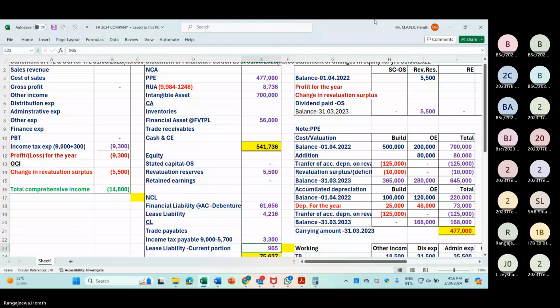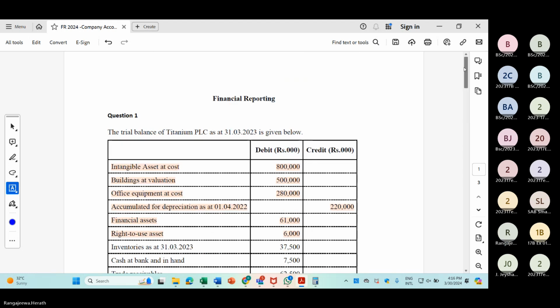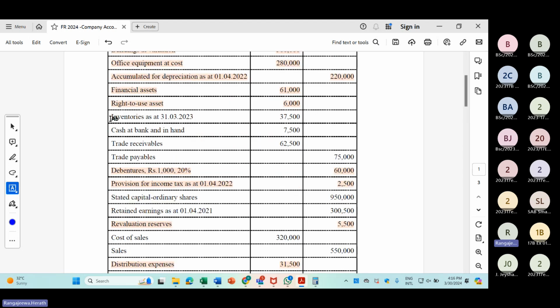Right. So we can take the remaining balances from the trial balance: inventory, cash, and trade receivables. You can directly take those balances. Inventory 37,500.